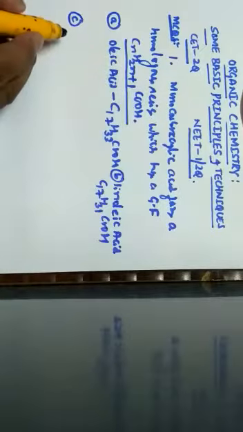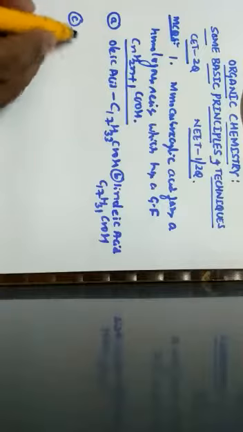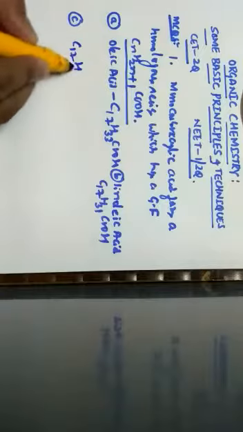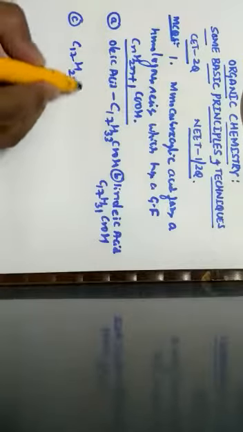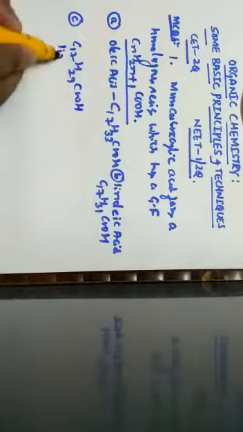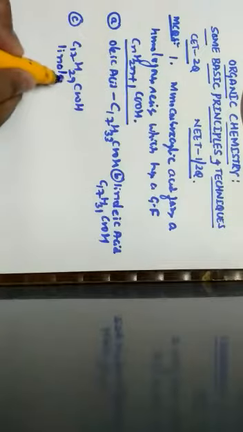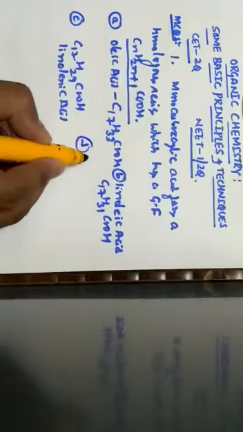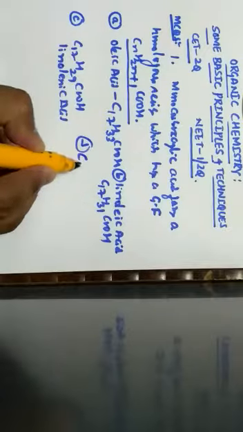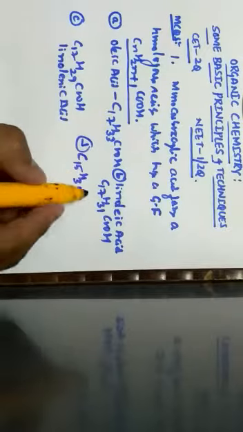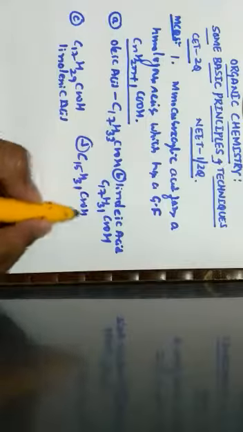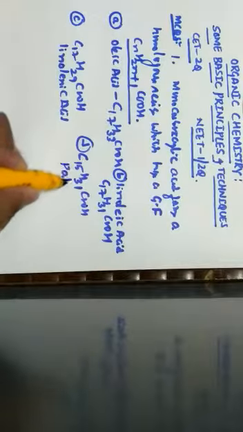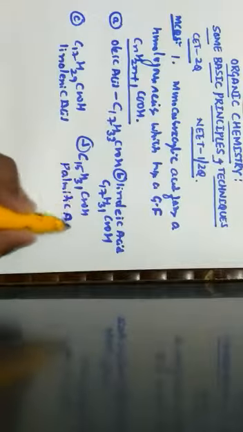The third option has been given as linolenic acid. This linolenic acid is given by the formula C17H29COOH. Along with this they have given the fourth option as palmitic acid. This palmitic acid is given by the formula C15H31COOH.